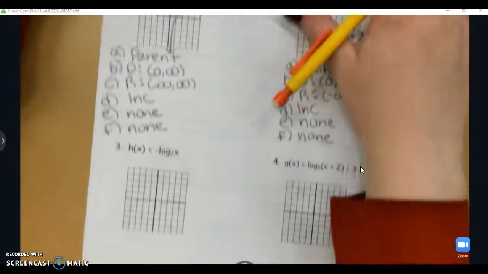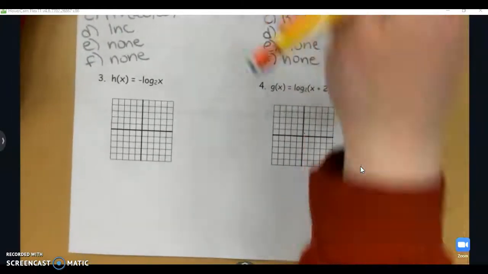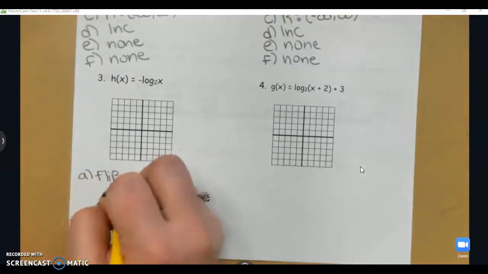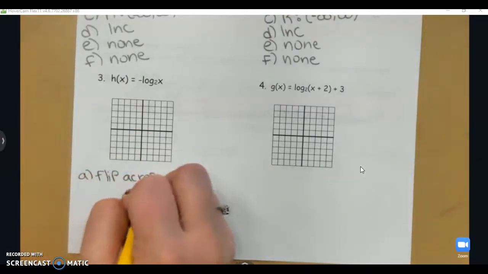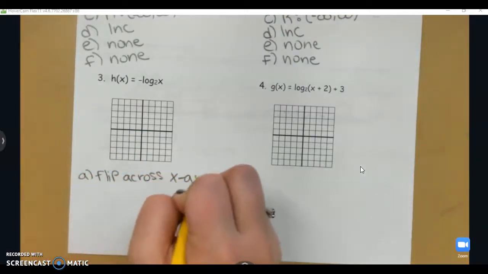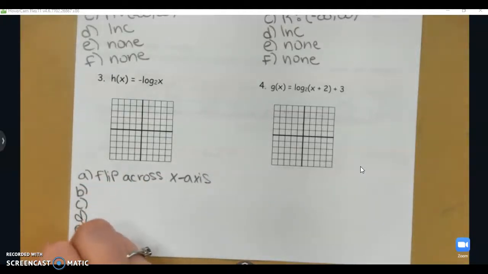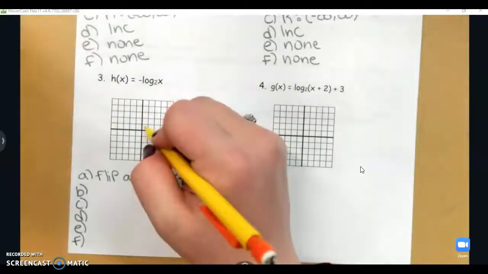All right, on to number 3. That negative on the outside tells me that this transformation is going to be a flip across the x-axis. So I'm going to go ahead and just have B through F written down here. But graphing-wise, again, I'm going to take those 3 points from my parent function. So starting with 1, 0.